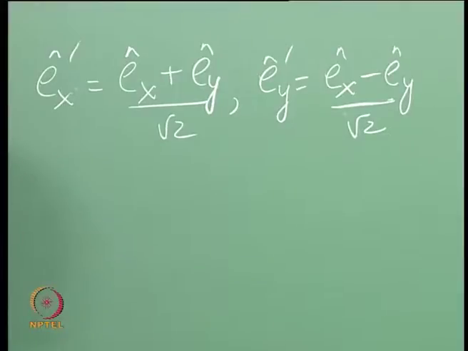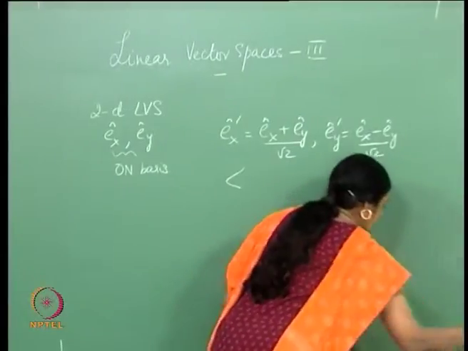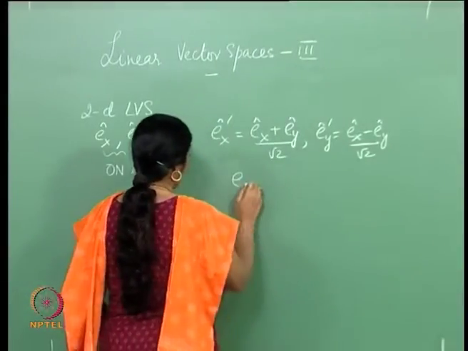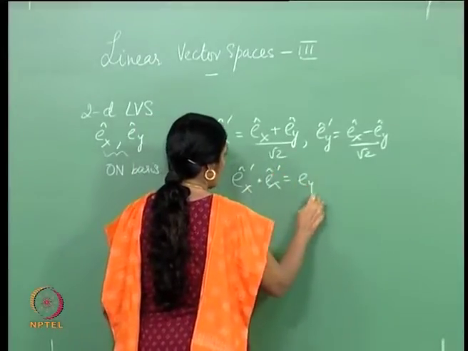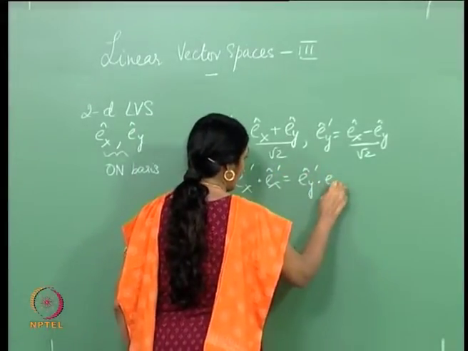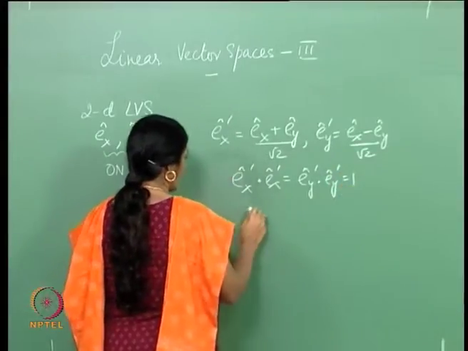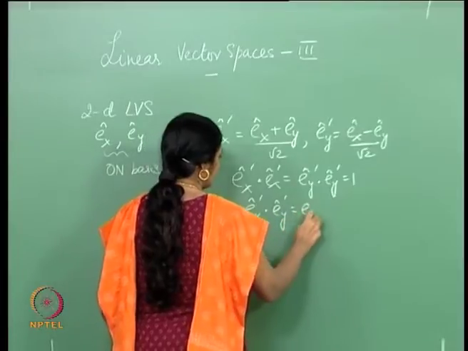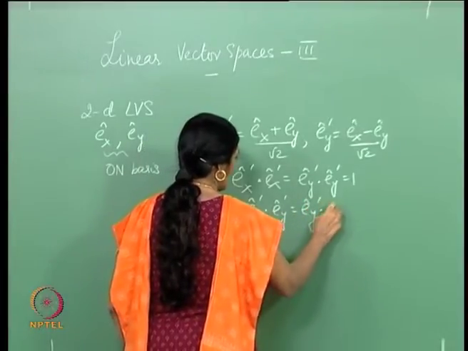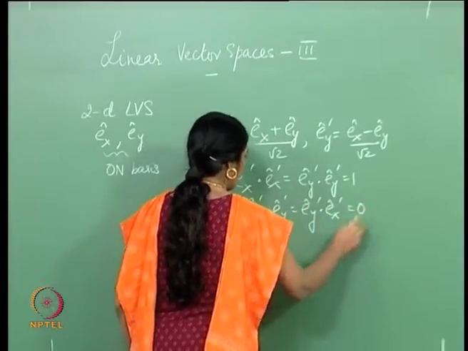The root 2 is there purely for normalization purposes, because you can check that Ex prime dot Ex prime is equal to Ey prime dot Ey prime equal to 1, and Ex prime dot Ey prime is of course equal to Ey prime dot Ex prime, and that is 0.